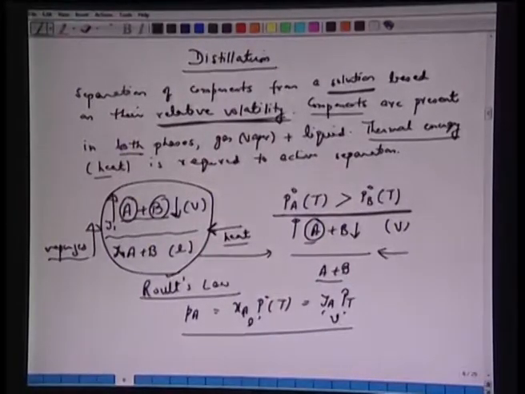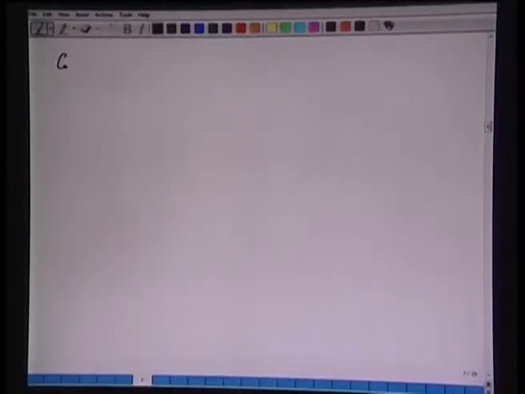All right. So, these are the features of distillation here. Relative volatility, separation is possible, but we have both A plus B present in vapor and the liquid phase. One phase becomes richer in one component which has a higher vapor pressure than the others, and heat is required here.